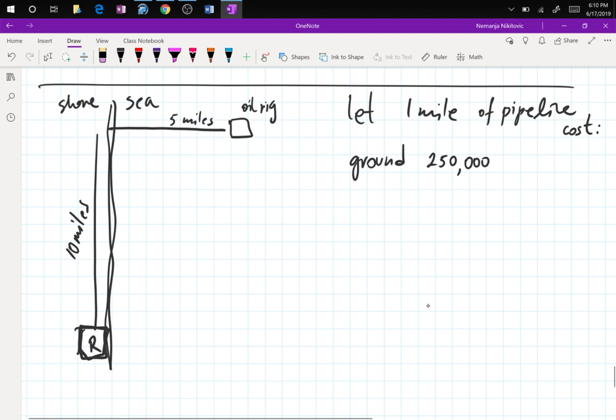So this $250,000 for 1 mile of pipe is probably underestimated, but that's okay. Underwater, let's go with $500,000. Maybe put $1 million, but $500,000, whatever. It doesn't matter.